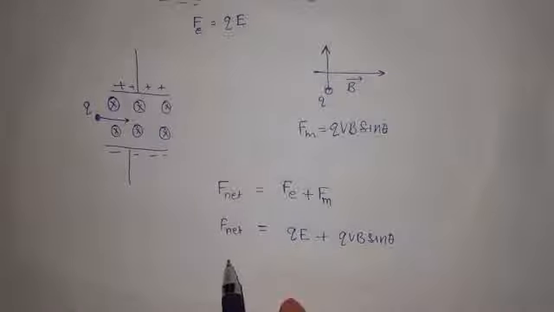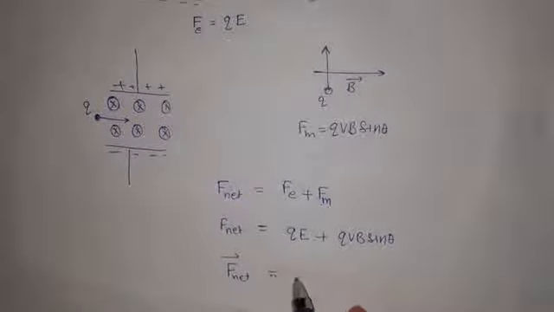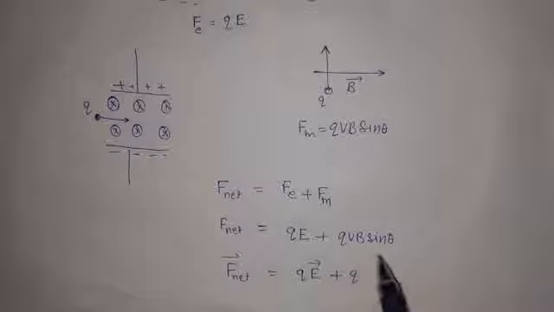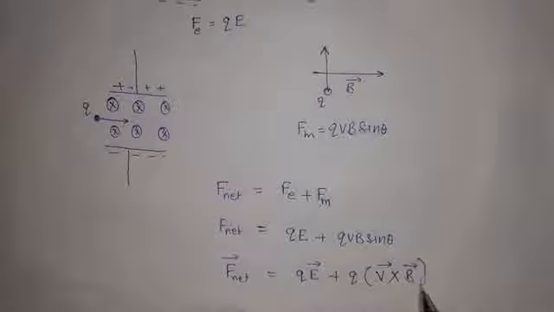If we have to show this in vector form, we write it as follows. There is Q and E, the electric field is a vector quantity, plus the charge, which is a scalar quantity, and V, the velocity, which is a vector, and this sign will convert to a cross, and B, the magnetic field, is a vector quantity.